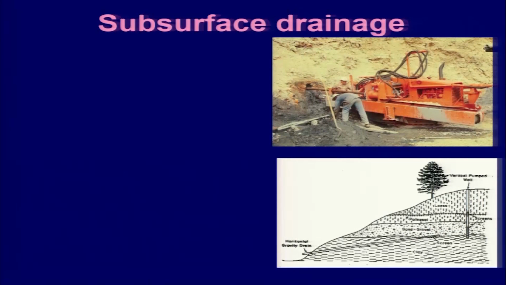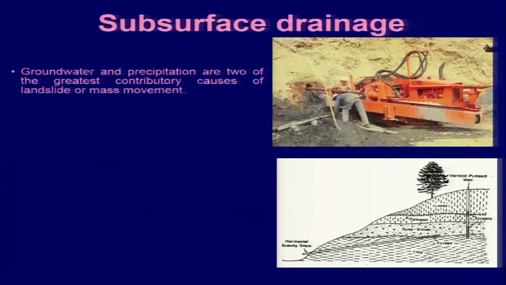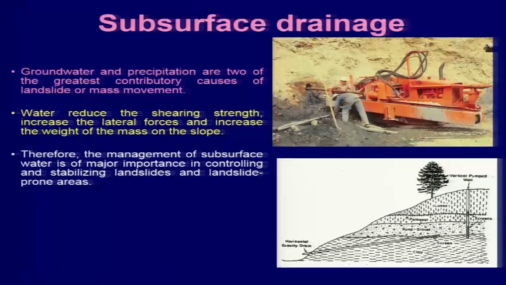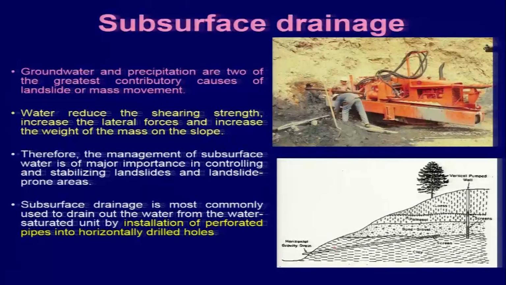So this unit, if it is saturated, could be fluidized and can result in mass movement. So the idea is that you allow the water to pass through as early as possible, even if this becomes saturated. So this is another way to do the subsurface draining of the material to prevent the landslip.